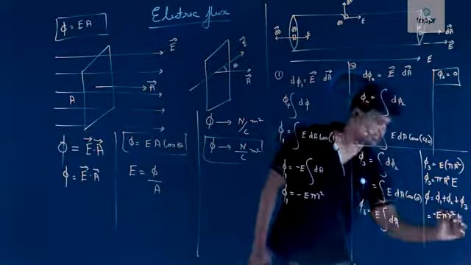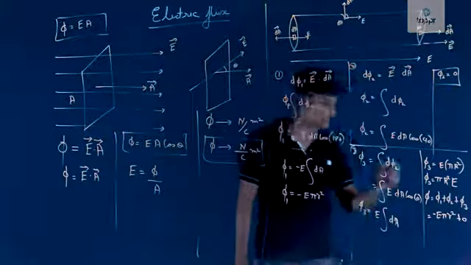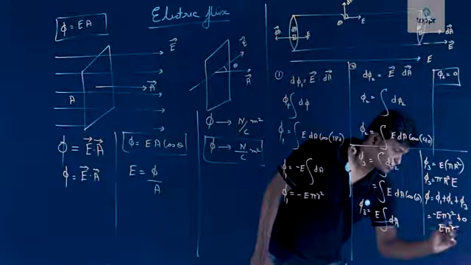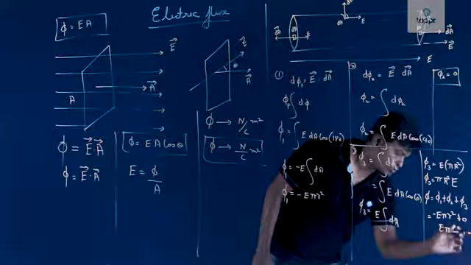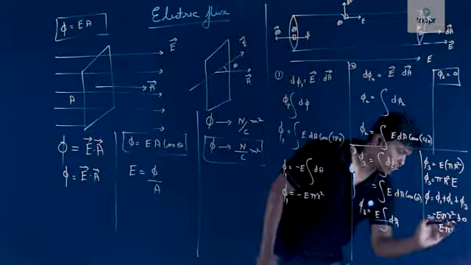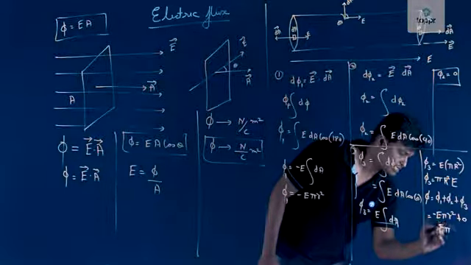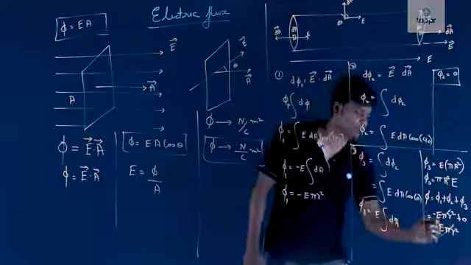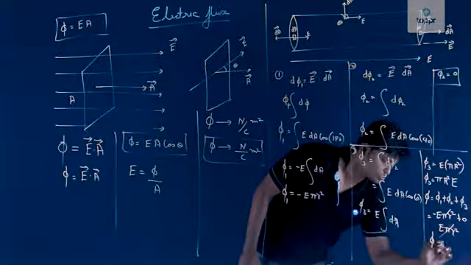What is phi 2? It is equal to 0. What is phi 3? It is equal to plus E pi r square, right? So this will get cancelled away and the total flux comes to 0.